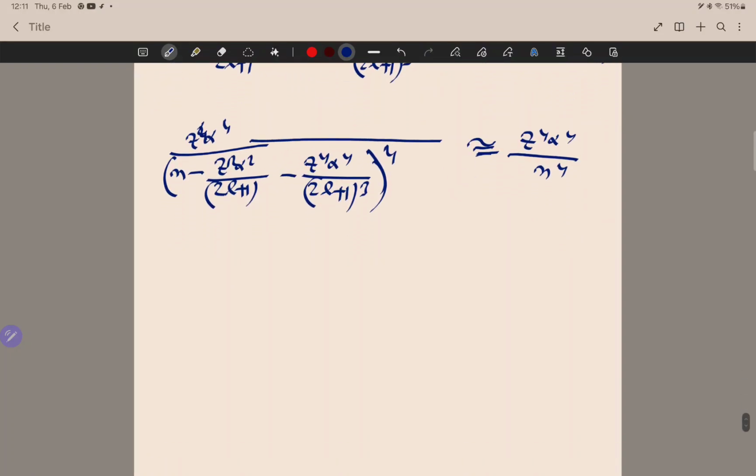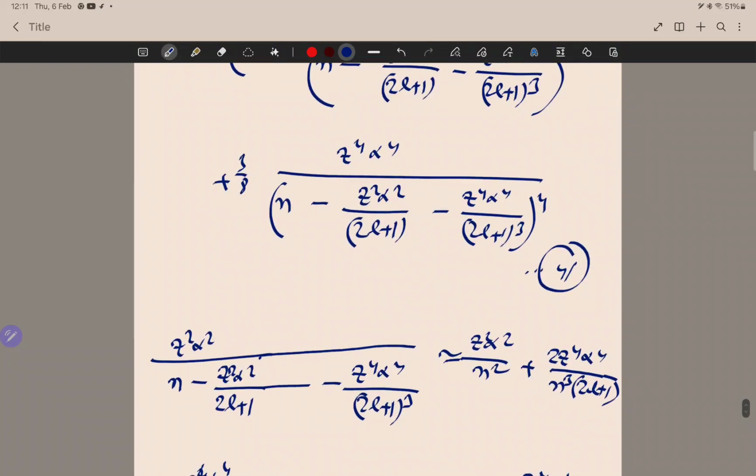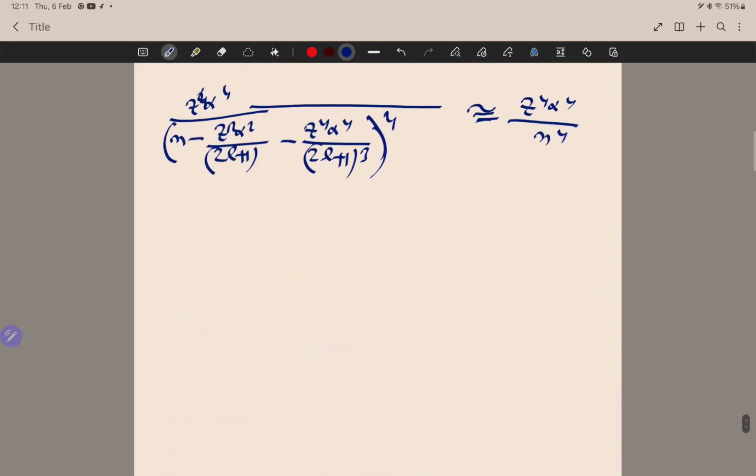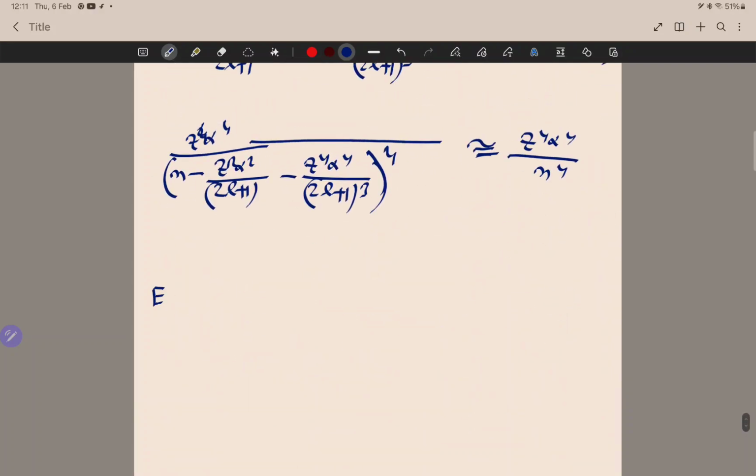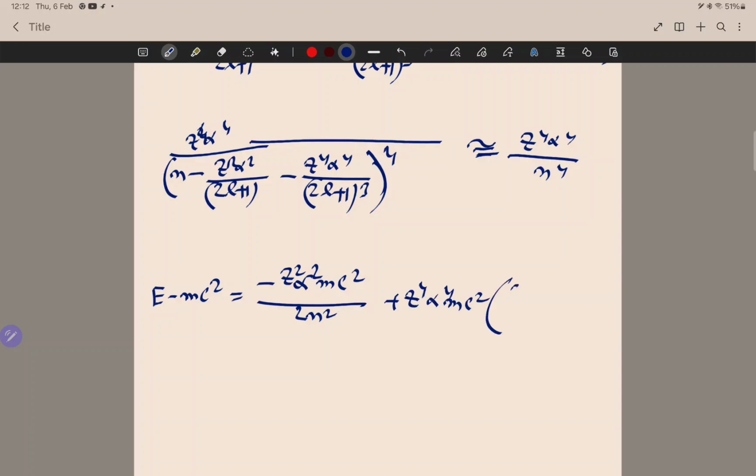So equation 41 becomes, we have E minus mc square equal to minus z square alpha square mc square divided by 2n square plus z to the power 4 alpha to the power 4 mc square, 3 by 8 n to the power 4 minus 1 by n cube (2l plus 1).